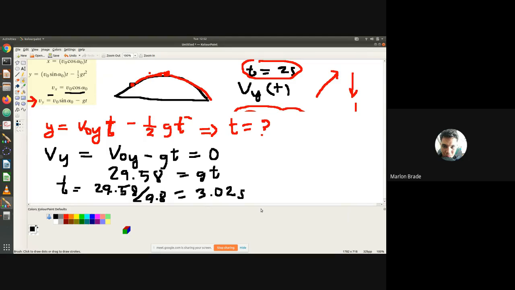After 3.02 seconds, the ball reaches the top, the point where vy equals 0. Okay? Question?